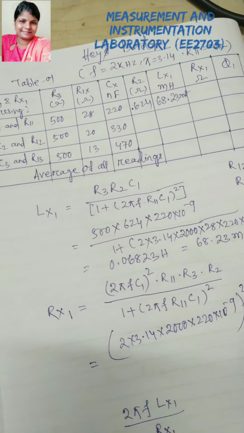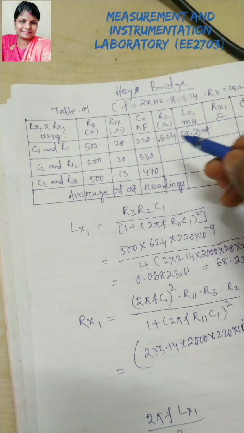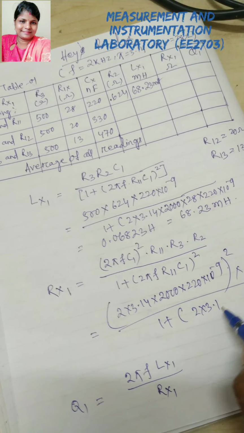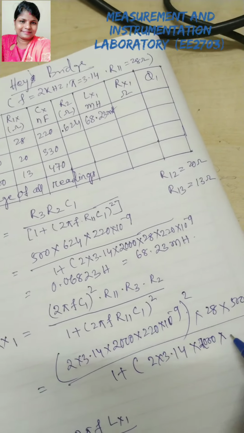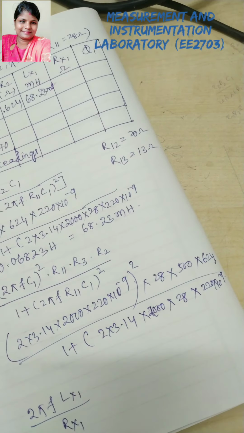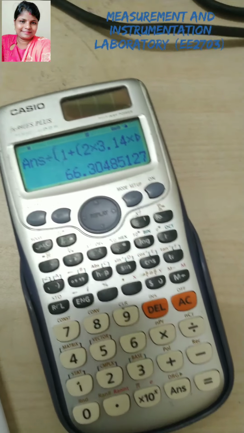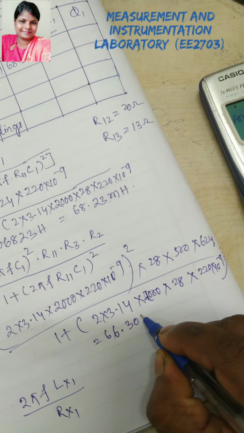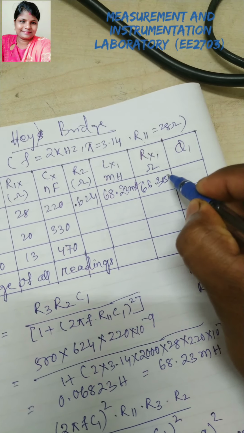R11 is given, 28 ohm, into R3 which is 500 ohm, into R2 which is 624 ohm, divided by 1 plus (2 into 3.14 into 2000 into R11 28 ohm into C1 220 into 10 to the power minus 9) squared. So the value is 66.305 ohm. So RX1 is 66.305 ohm.